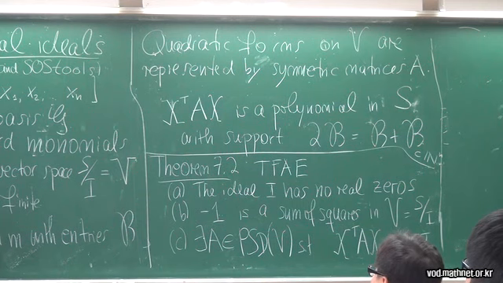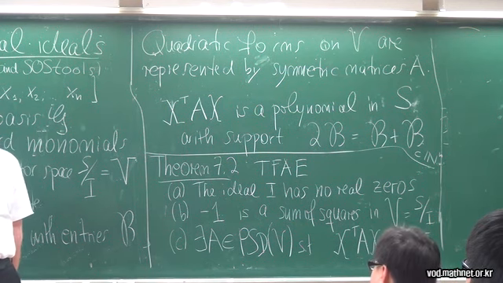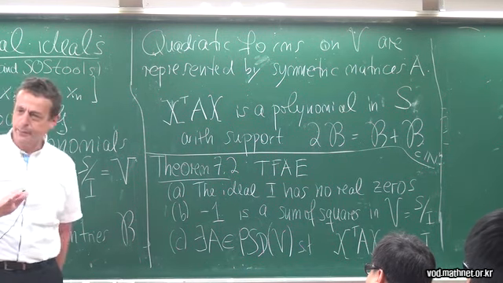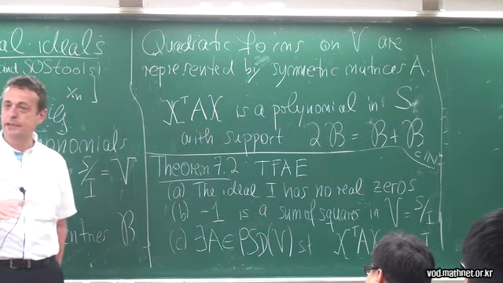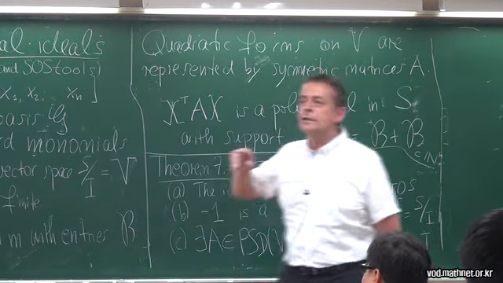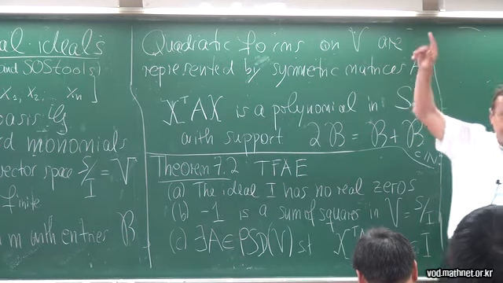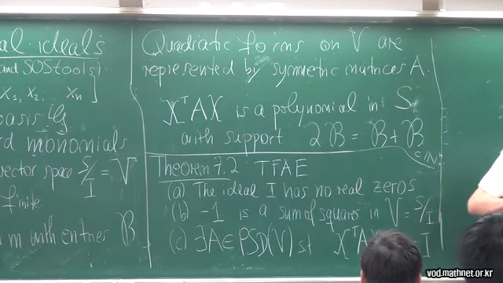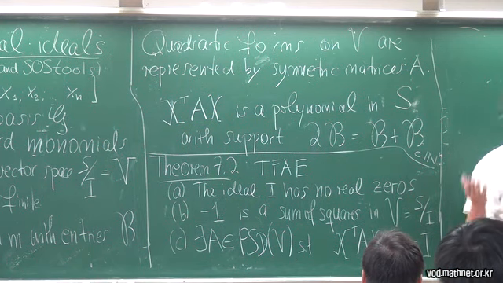We'll do this again. So f has no real roots. So either f is strictly positive or strictly negative. Think about calculus: either the curve is above the x-axis, or below the x-axis. If it's below the x-axis, you replace f by minus f.